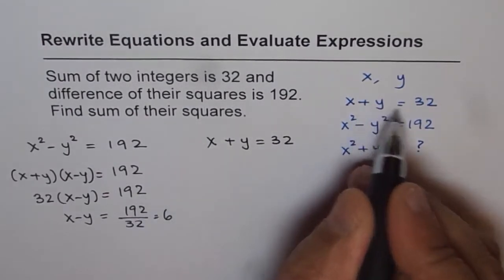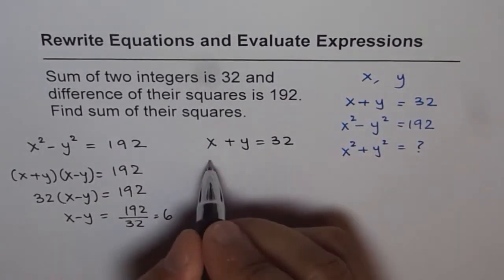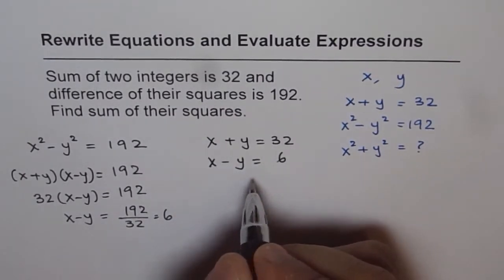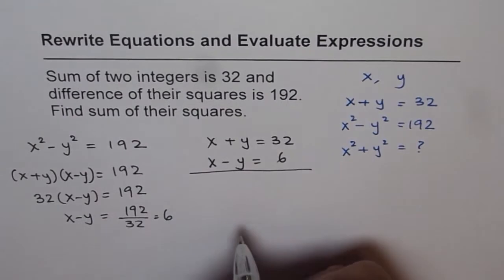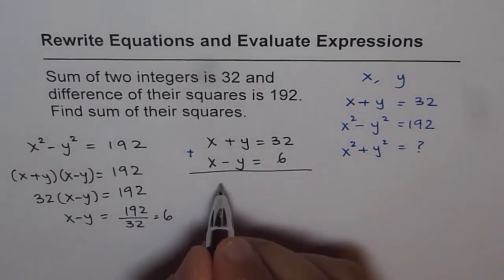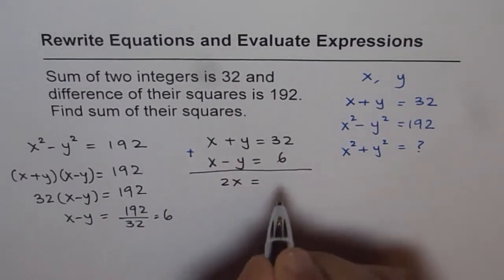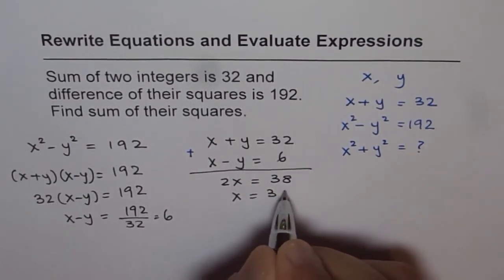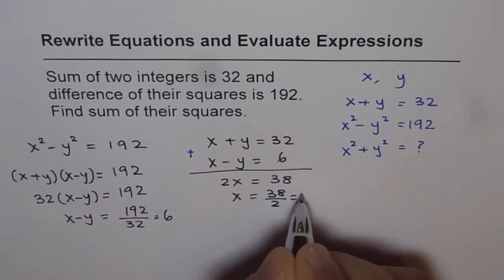X plus y is given to us as 32, and we just found that x minus y is 6. Now, if we add these two, we get 2 times x equals 38, and x is 38 divided by 2, that is 19.